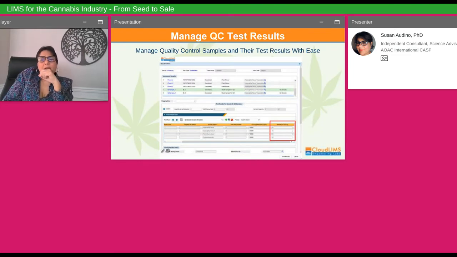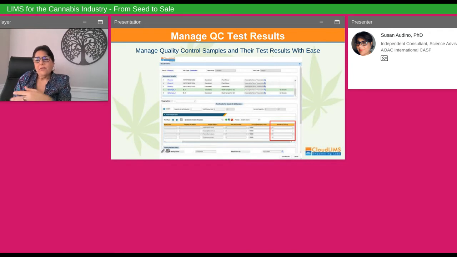So how does it manage QC test results? Well, one way is to have an automatic upload of the QC results, and we flag it with error bars or confidence intervals. And so LIMS will tell us when we are outside that confidence zone where we need to stop the issuance of the test result and back up and try to understand what's going on.